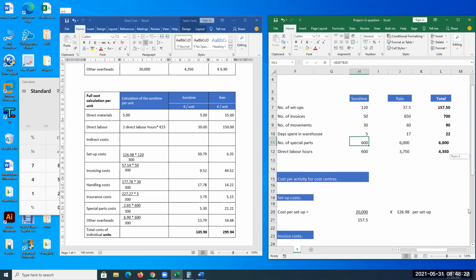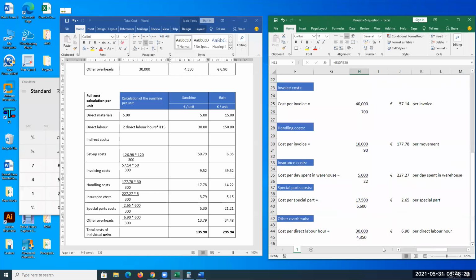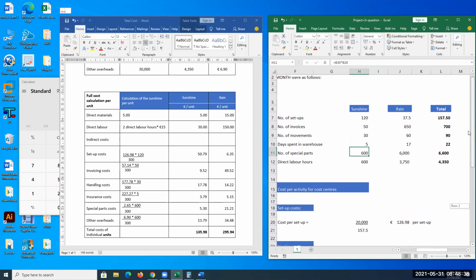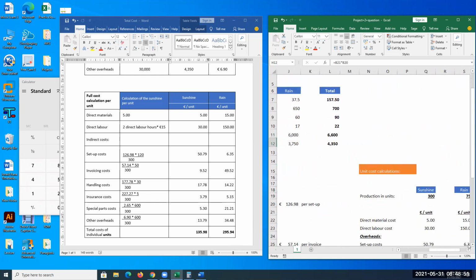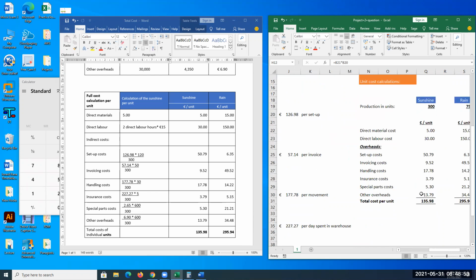And other overheads, 6.90 is for one direct labor hour. So 6.90 multiplied by how many direct labor hours we need for sunshine? 600 direct labor hours. So multiply by 600, divide by units produced. So 13.79. So in this table it is 13.79.